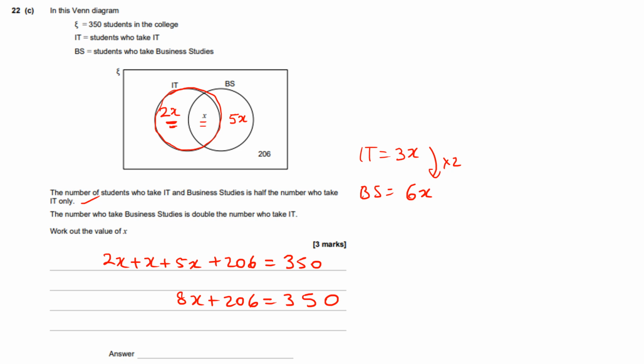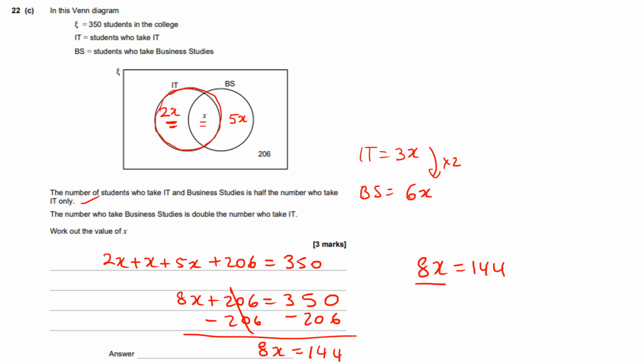If I take away 206, my 8x is going to be 144. So if 8x is equal to 144, divided by 8, it's going to be 18 for x. And that's how we get full marks from this.